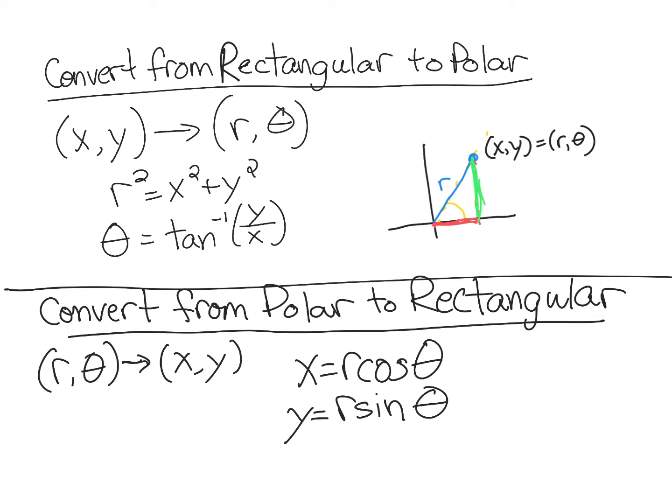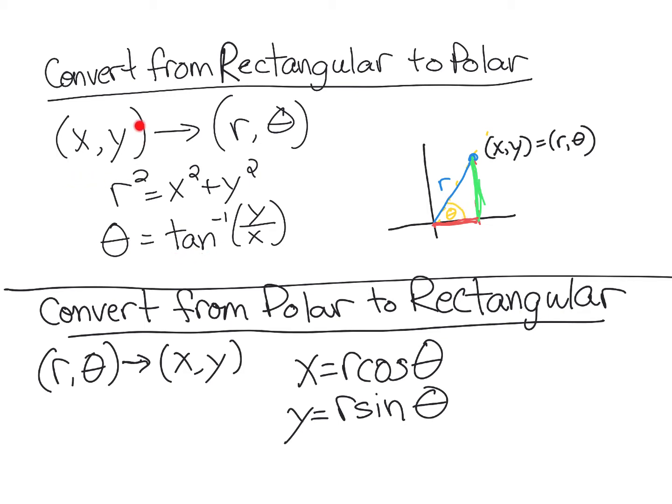That angle theta is in there, r is the hypotenuse, the y is the opposite, and the x is the adjacent. So if I know x and y, I know the tangent of theta. So I'm just going to invert the tangent to get this theta.